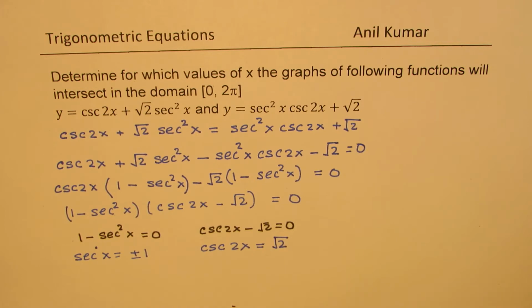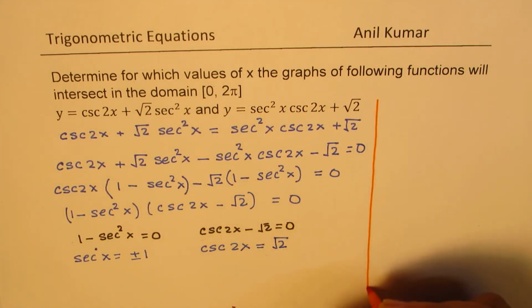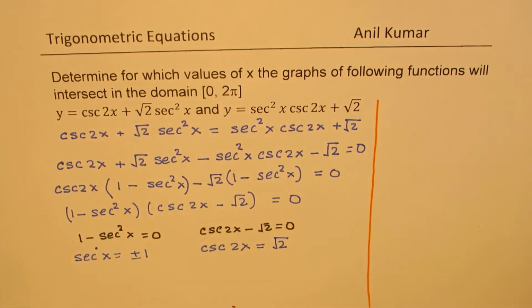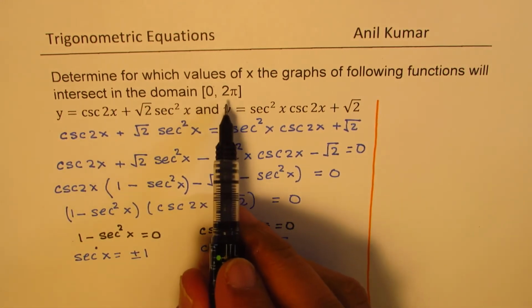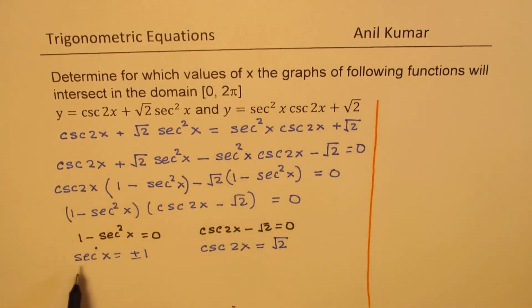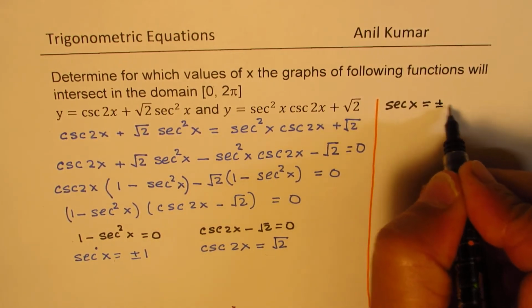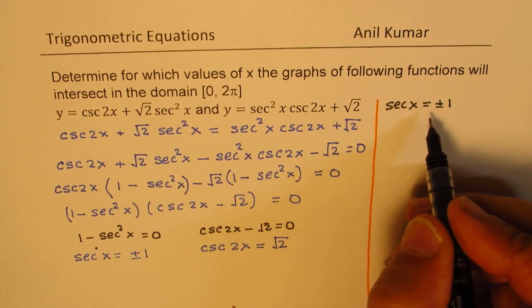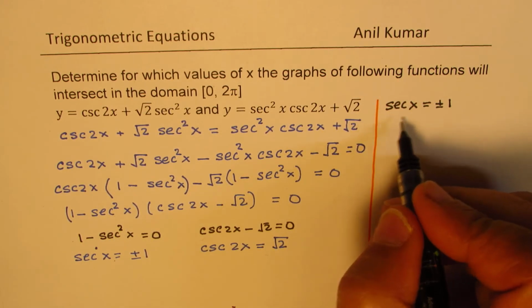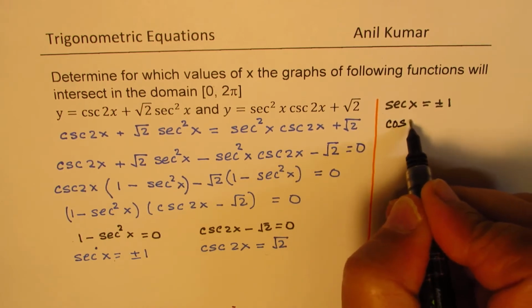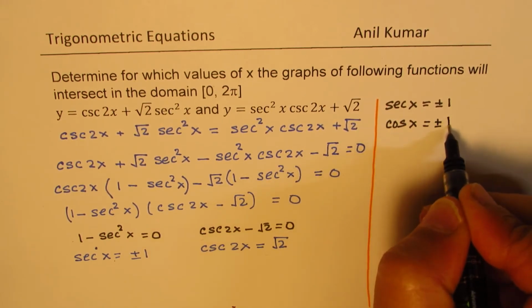So these are the conditions to give us the solution. Now the important thing here is to look into the domain, right? We'll write down all the possible solutions on this side. We know that x is between 0 to 2 pi. So let's work on secant x equals plus minus 1 first. Secant basically is 1 over cos, right? So we can say cos x equals plus minus 1.